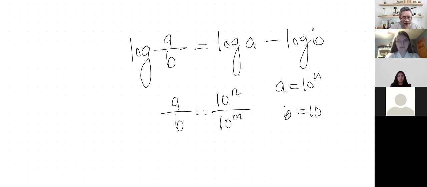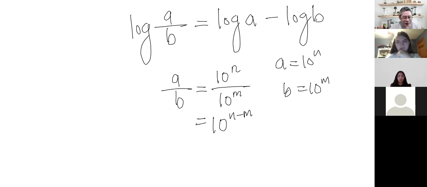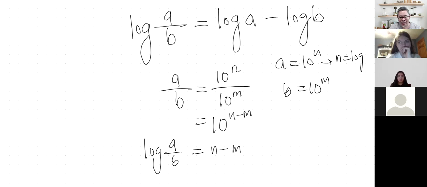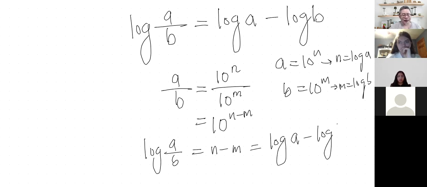Therefore, this equals 10 to the n minus m. Because of that, log of a over b will be equal to n minus m. Based on this, we know n is log a, and m is log b. So we get log a minus log b. Yep. Good.